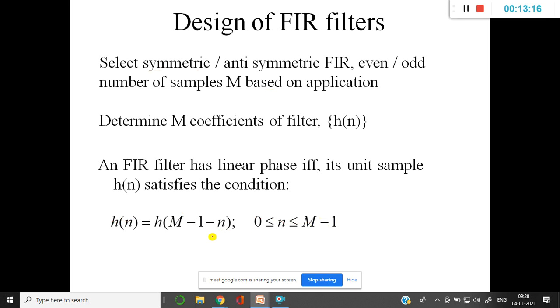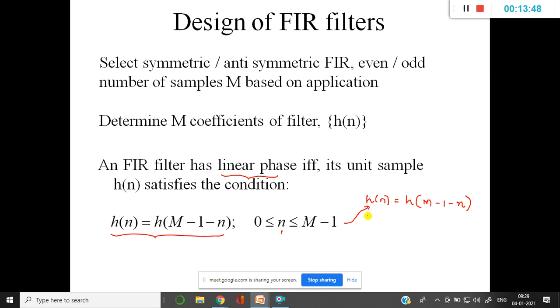So one of the important conditions: we say that we move to an FIR filter just to have a linear phase. If at all we want to have a linear phase, the most important condition for h of n to be satisfied is that my impulse response h of n should satisfy the condition h of n equals h of M minus 1 minus n, where n ranges from 0 to M minus 1.